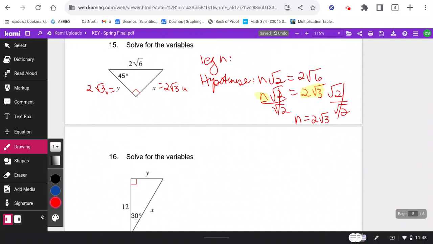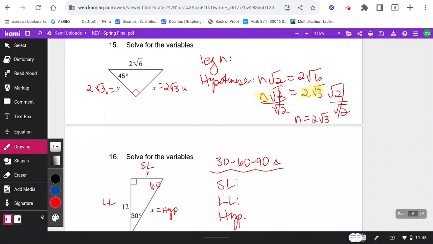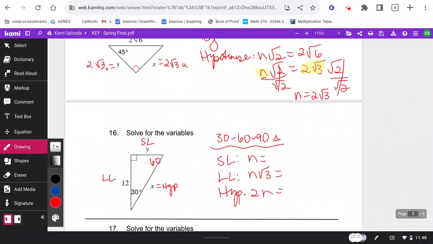All right, here's another 30, 60, 90. Here's my short leg, here's my long leg, and here's my hypotenuse. They told me here that the long leg is 12.